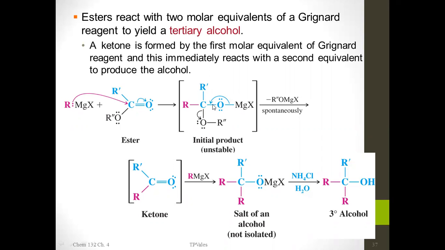Para to form a pi bond O kani, and we eliminate the OR gikan aning sa ester. So we're able to eliminate the OR in the process. In the process, what we actually get is a ketone, R coming from the original ester and the other R coming from your Grignard reagent. So we get a ketone. So this is your actually initial product once you have your ester with your Grignard reagent.